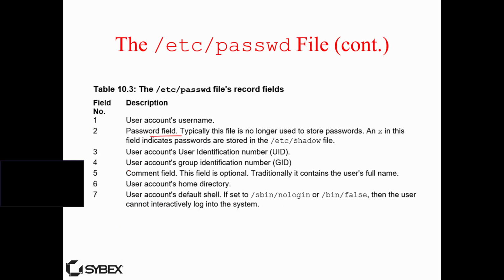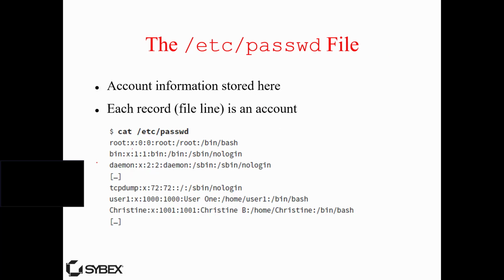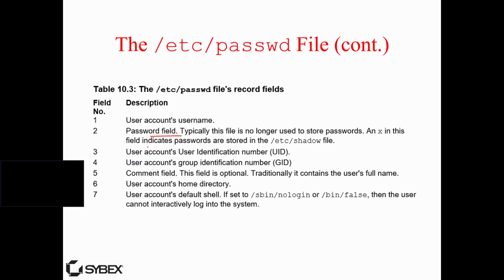The third one is the UID, the user ID. This is like your ID number, like a passport or student ID. It uniquely identifies the user with a number. And everybody has a GID as well. The user account may belong to multiple groups, like you join multiple clubs here.